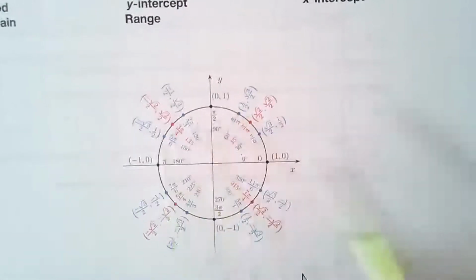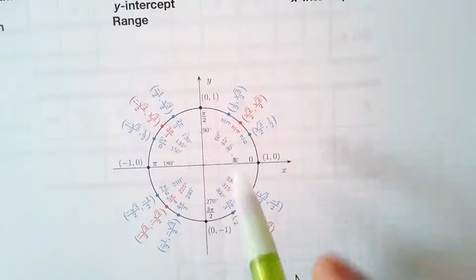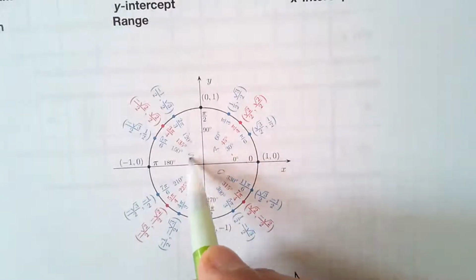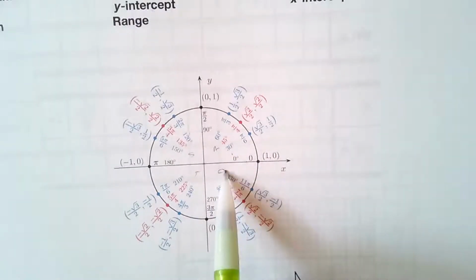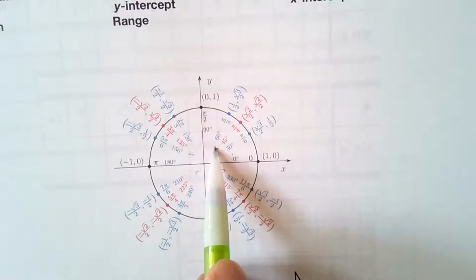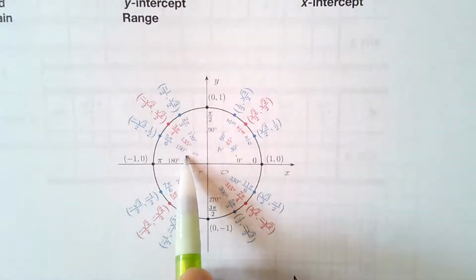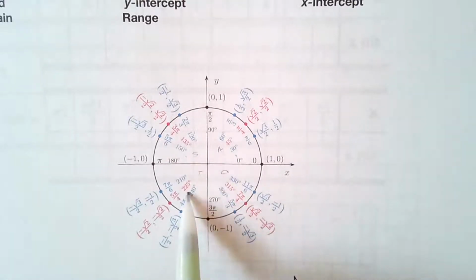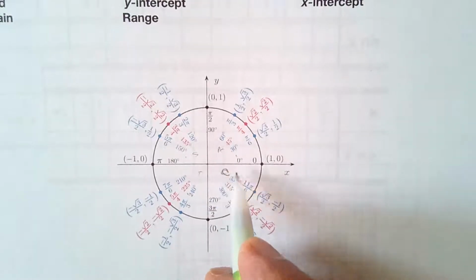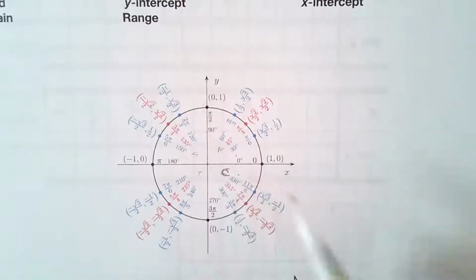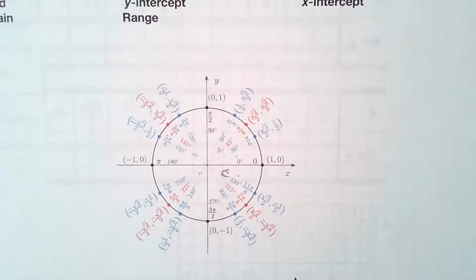It's repeated, except that the sign changes. Remember our CAST rule. All of the trig ratios are positive in the first quadrant. Sine and cosecant are positive here. Tan and cotangent are positive here. And cos and secant are positive here.